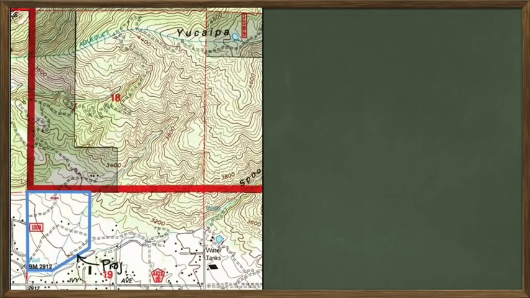Now, first of all, here we have our project boundary. It's this blue line, and it's not a point that we're dealing with, but a whole polygon that we're working with.